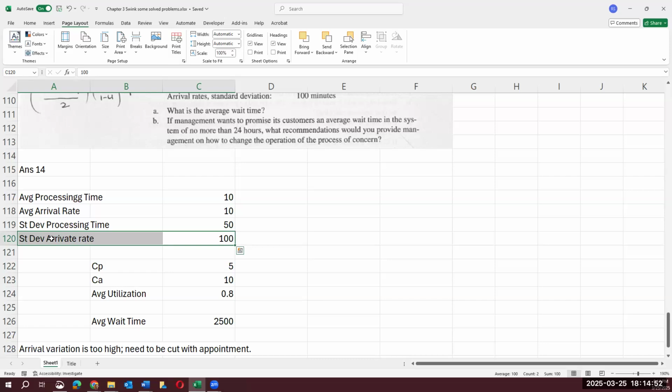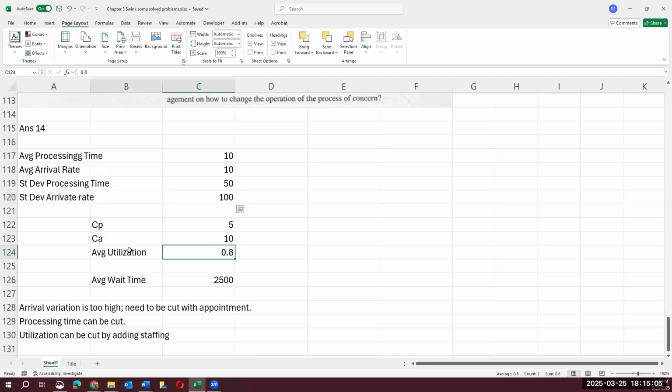You can reduce the standard deviation there, and therefore the coefficient of variation. The thing which is under your control is the average utilization. Maybe put in more resources so that the average utilization is not 80% of all the people serving, but maybe 70% or 60%. So you will have to increase staffing if you want to cut down the wait time.